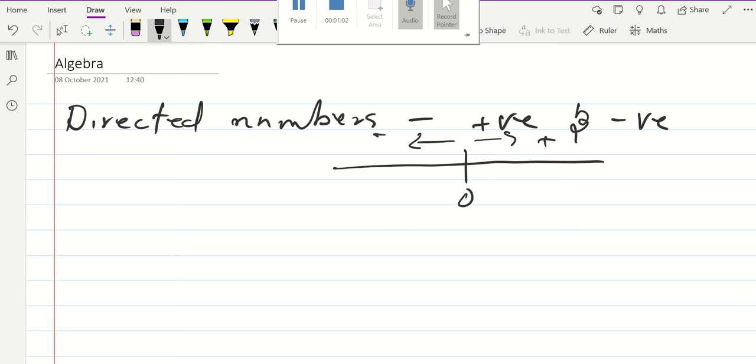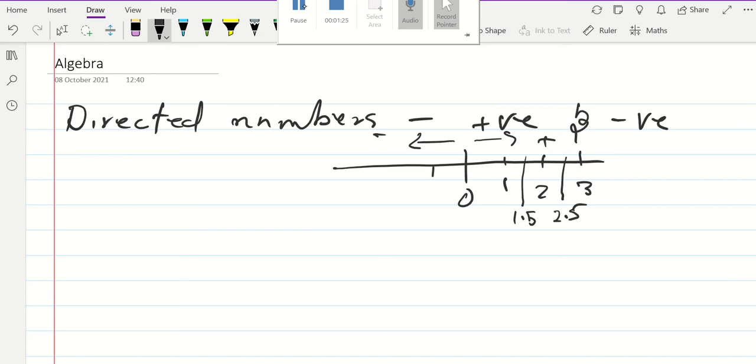So if we were to give just a few numbers, this would be 1, this would be 2, and this would be 3. And even here, we can also have some decimals. In between these two, we could have something like 1.5, or something like 2.5. And the same thing applies for the negative side.